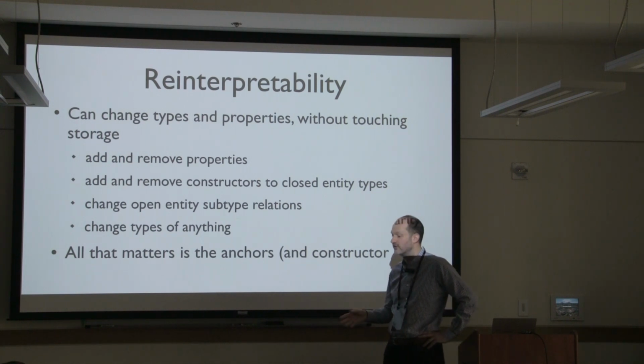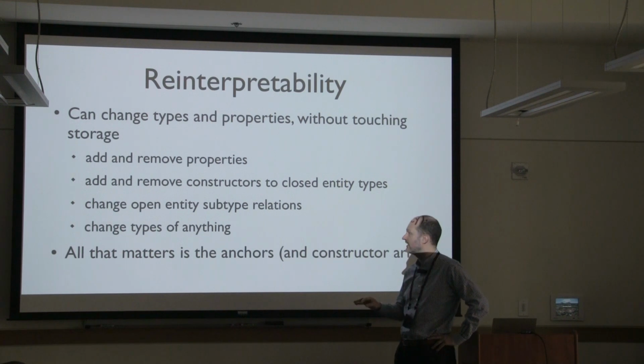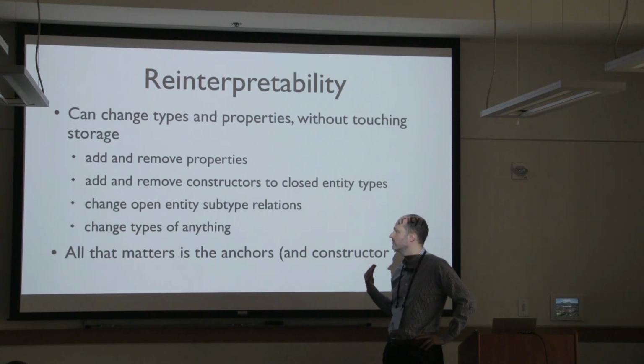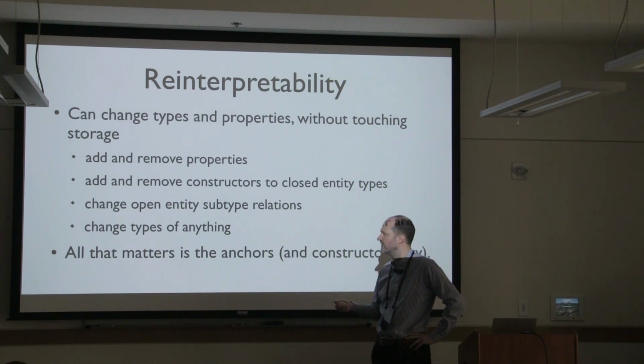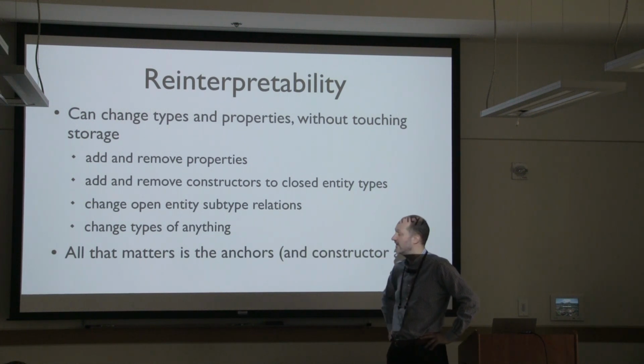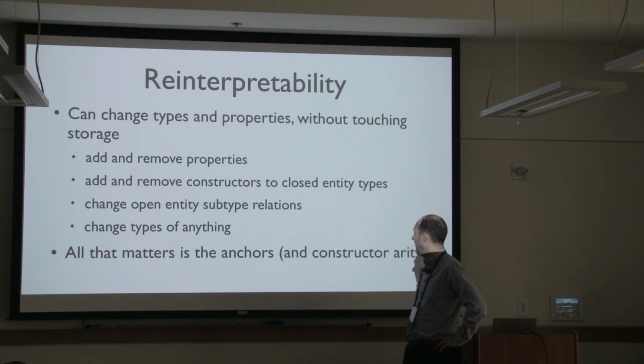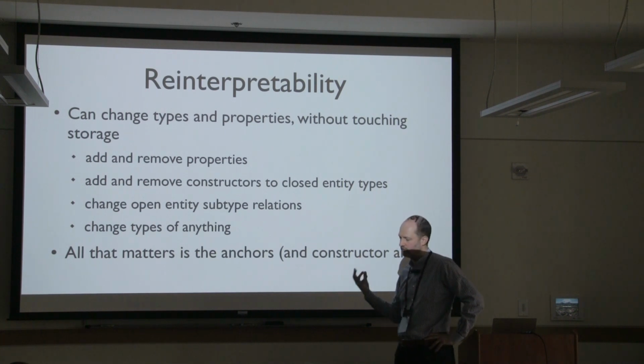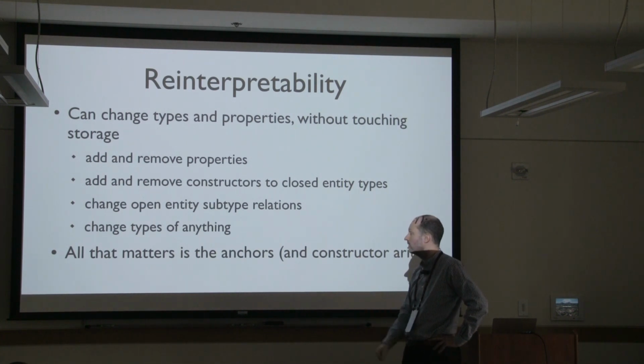If you remove a constructor, then any information that used that constructor will now become unknown. And you can change subtype relationships, that's fine. You can change the names of things. And all that actually matters is the anchors. The anchors are the things that actually link what you've got in your script with the way things are stored.